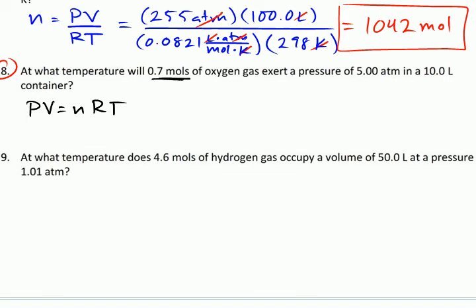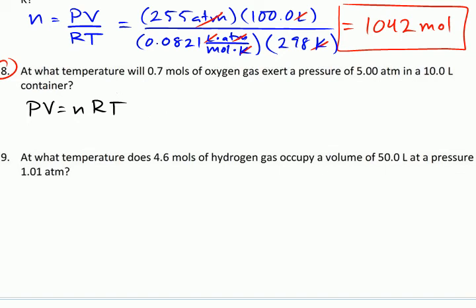When moles is a factor in the properties of the gas, then we need to use the ideal gas law, because that's the only one that takes the amount of moles into consideration. We're given certain conditions, and we want to know at what temperature those conditions are true. So we're going to have to isolate T, get T by itself to figure that out.